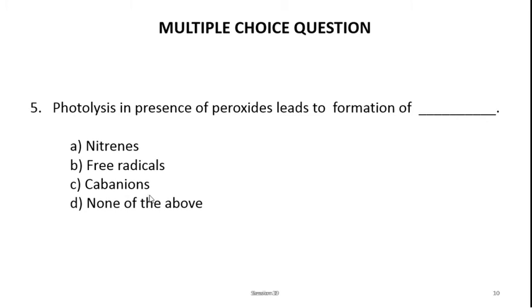Free radicals also do not have a full set of electrons. Carbanions are negatively charged, and none of the above. So photolysis in presence of peroxides leads to the formation of free radicals, which is the right and appropriate answer. So the choice will be B.